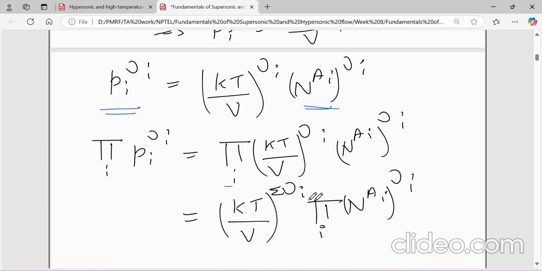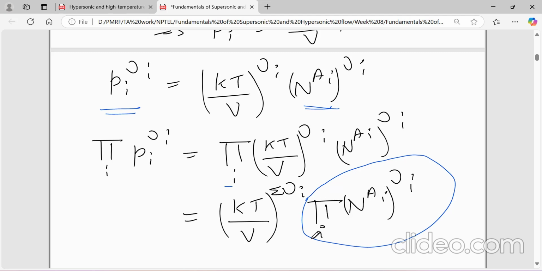So for this term, this product will be product of NAi to the power nu i, and for this term, if we take the product of kT by V with different exponents, it will become a summation. So it will become kT upon V to the power sigma nu i, product of NAi to the power nu i.